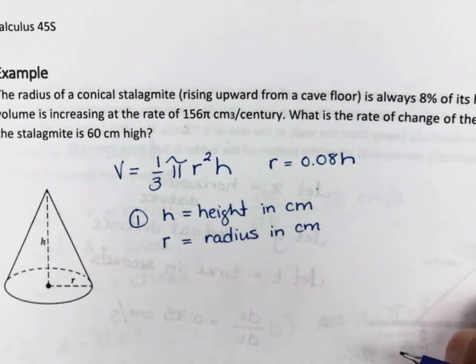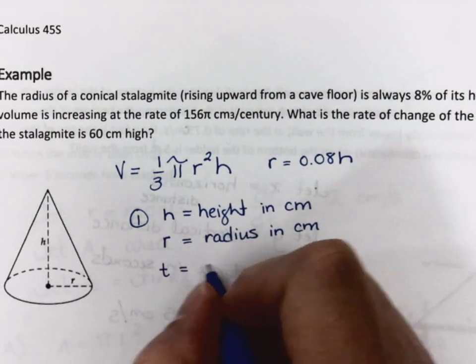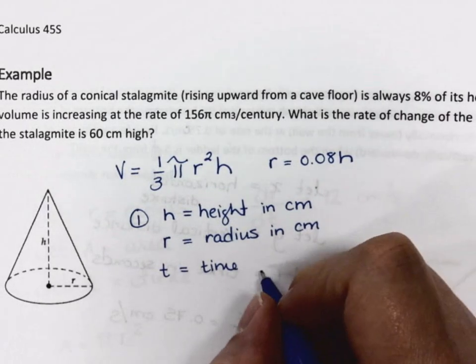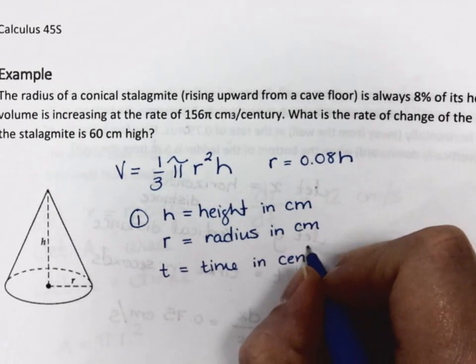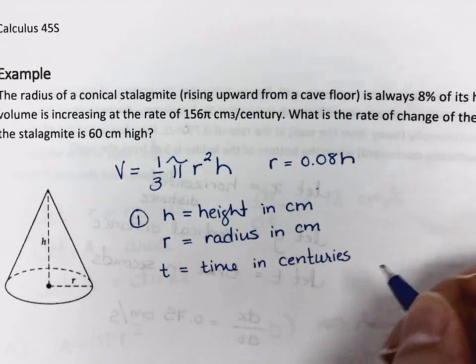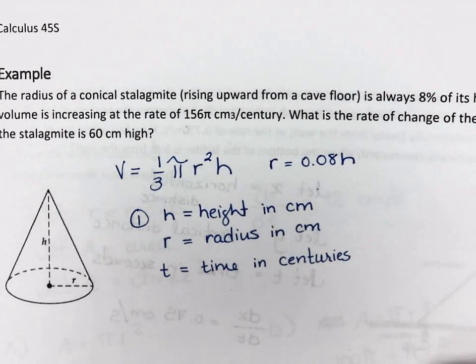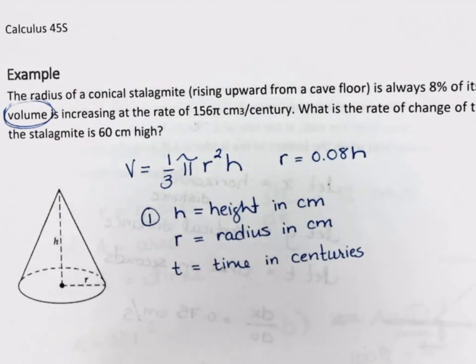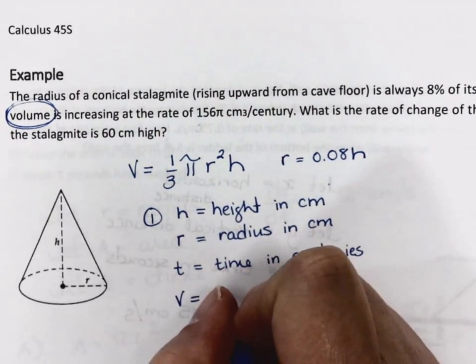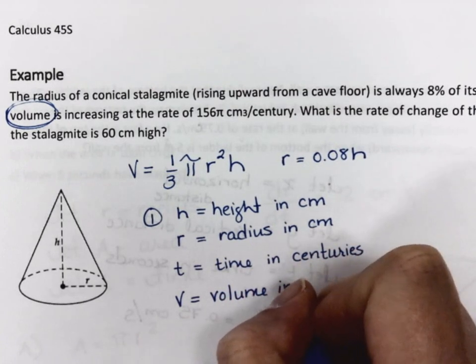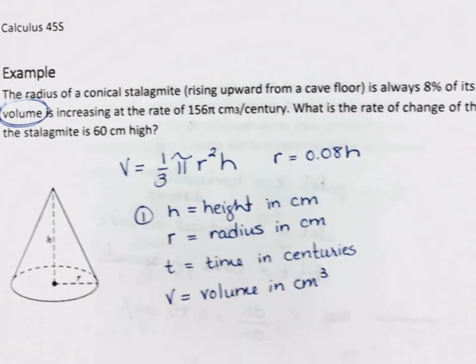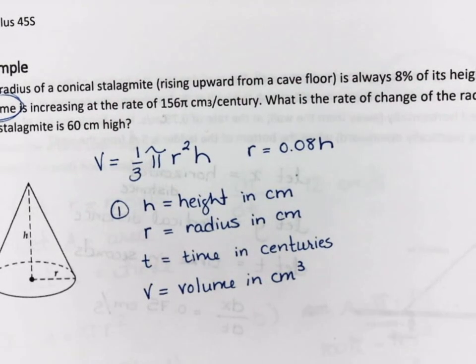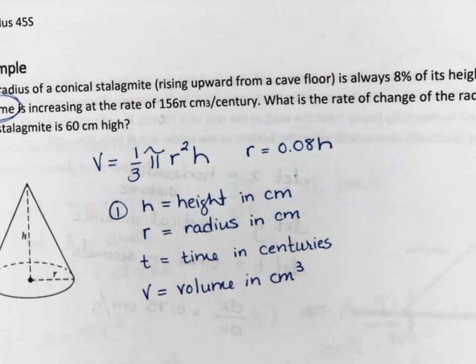What else do we need to know? What are we trying to find? Time. What is our time measured in? Centuries. And there's one more thing that we're trying to find. The volume. Okay, that's exciting. What do we know?